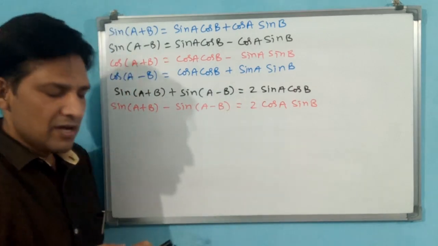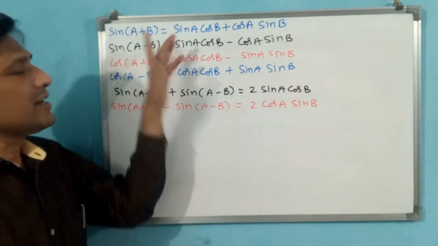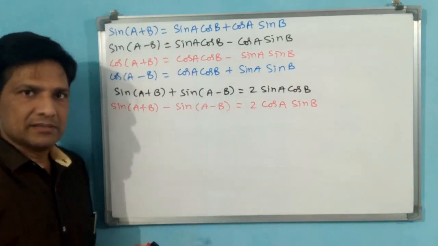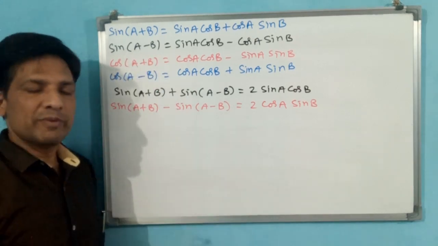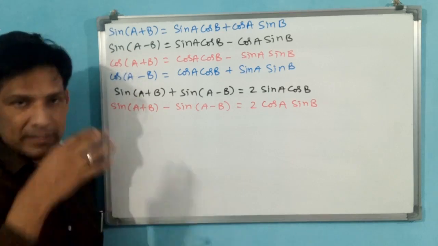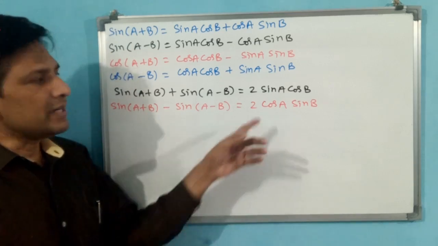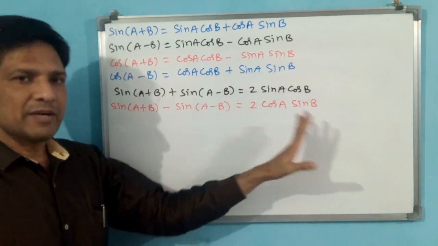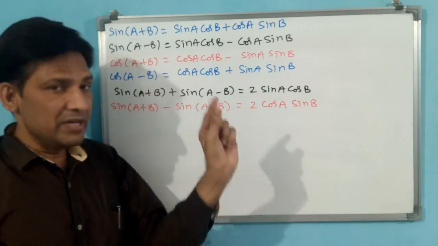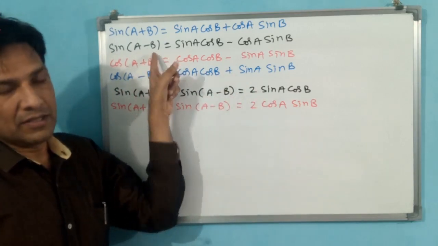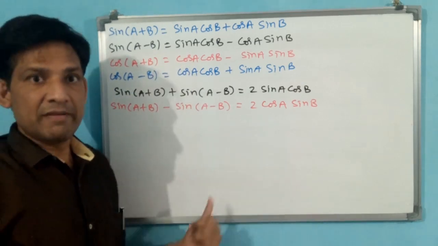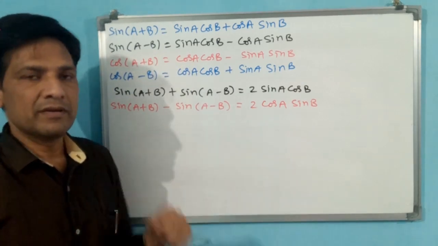Normally a and b we presume positive angles. That is why a minus b will come. A minus b means always a will be greater. Whenever sin a cos b or cos a sin b comes, the bigger one you take as a. Like 7x and 3x: 7 will be a, 3 will be b.